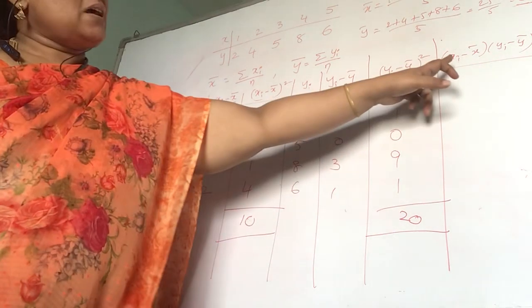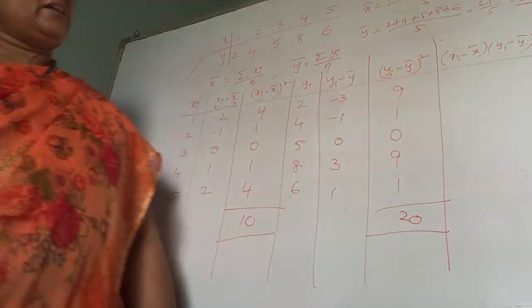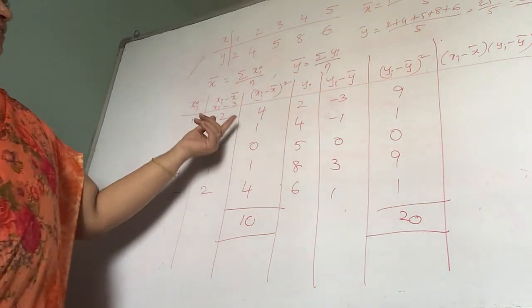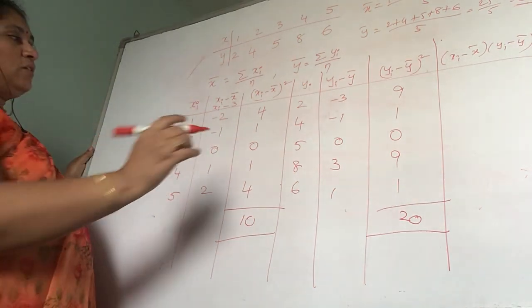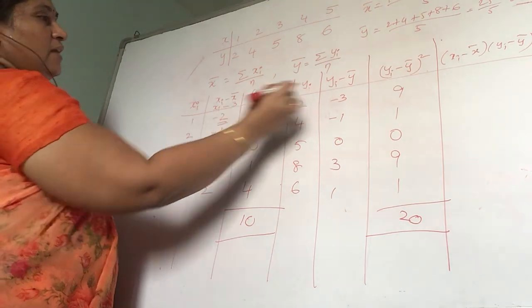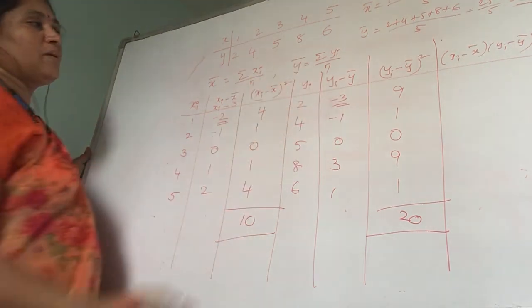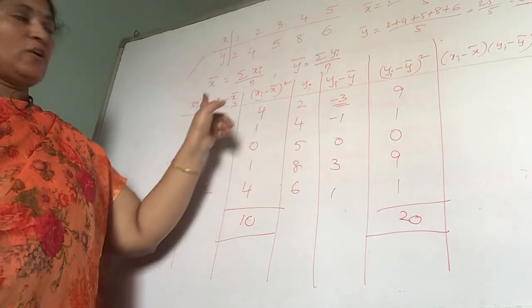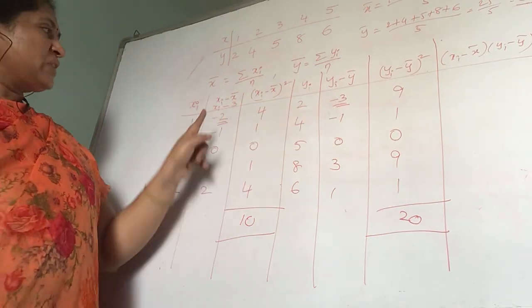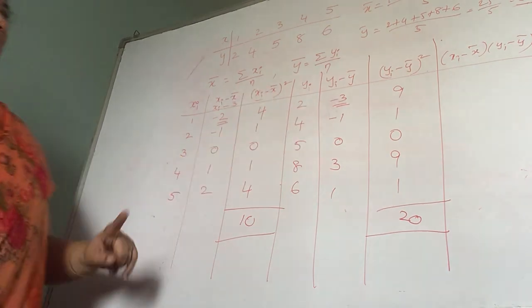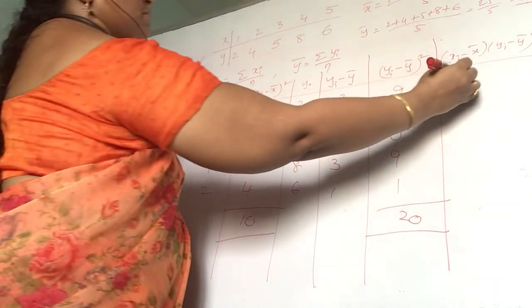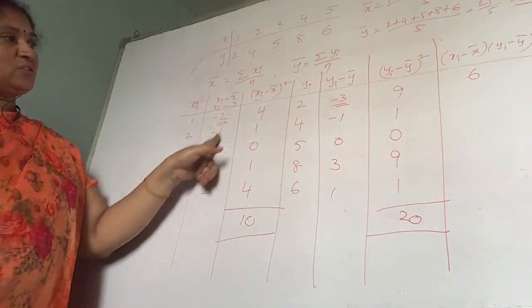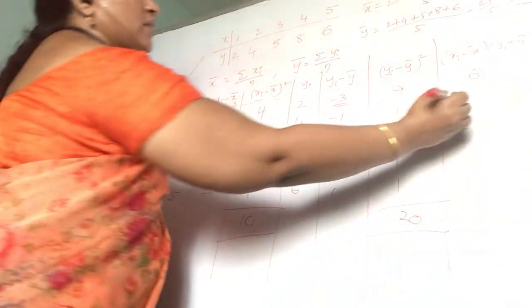Next, xi minus x bar into yi minus y bar. That means we take the product of xi minus x bar and the corresponding yi minus y bar. We multiply the corresponding values of these two columns. Minus 2 into minus 3, we get plus 6. Next, minus 1 into minus 1, plus 1.